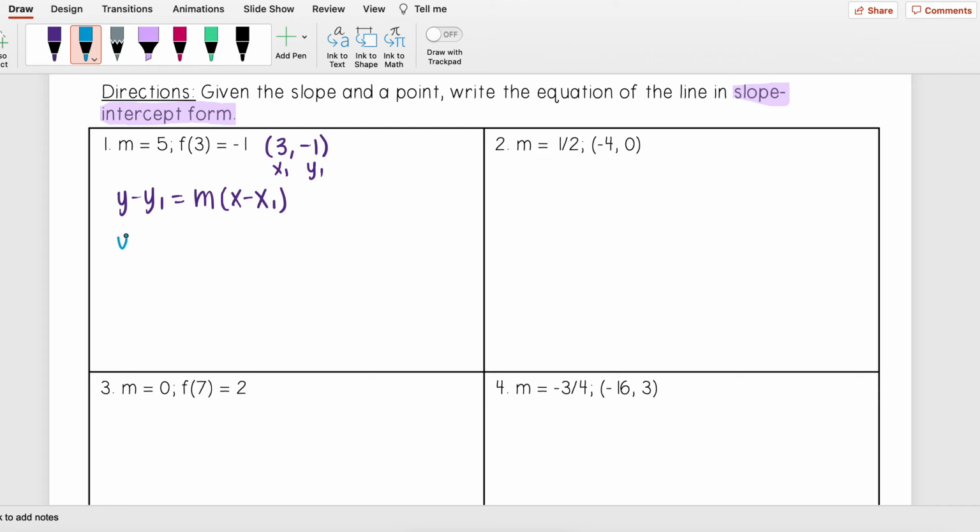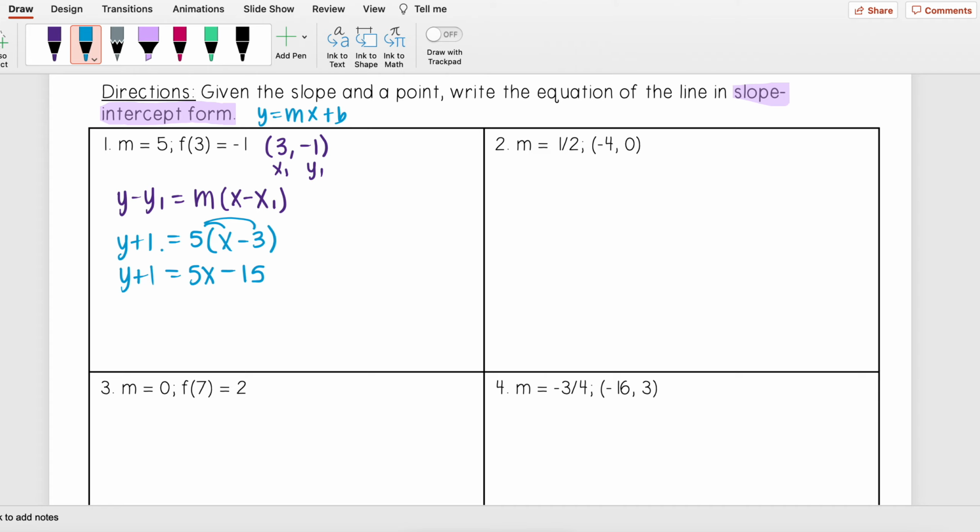So plugging in, I have y minus -1, which is really y plus 1, is equal to m, which is 5, times x minus x1, which is 3. And now I'm going to go ahead and simplify this so that it is in y equals mx plus b form. So I'm going to start with distributing my 5. So I have y plus 1 is equal to 5 times x, which is 5x, minus 5 times 3, which is 15.